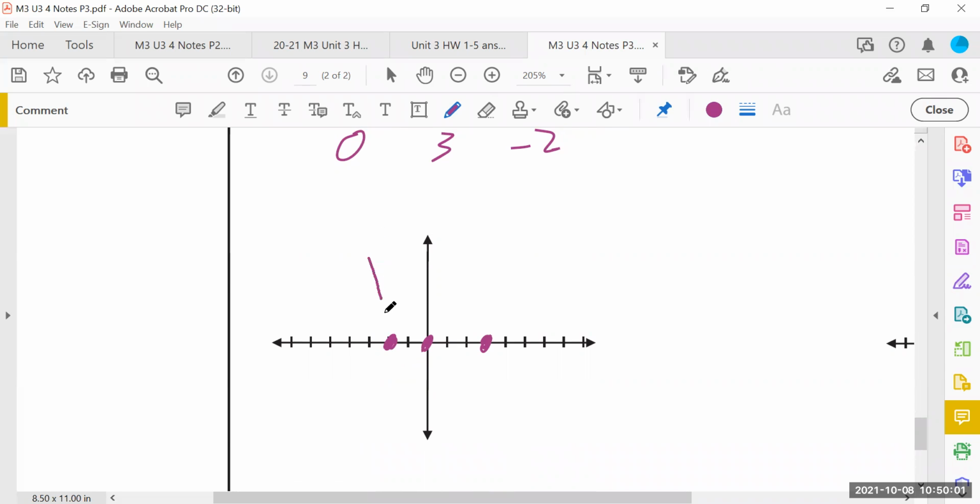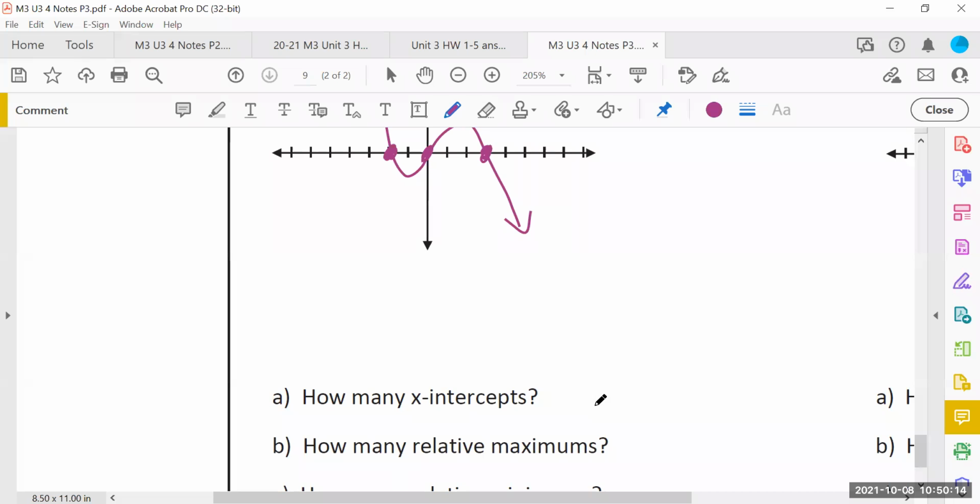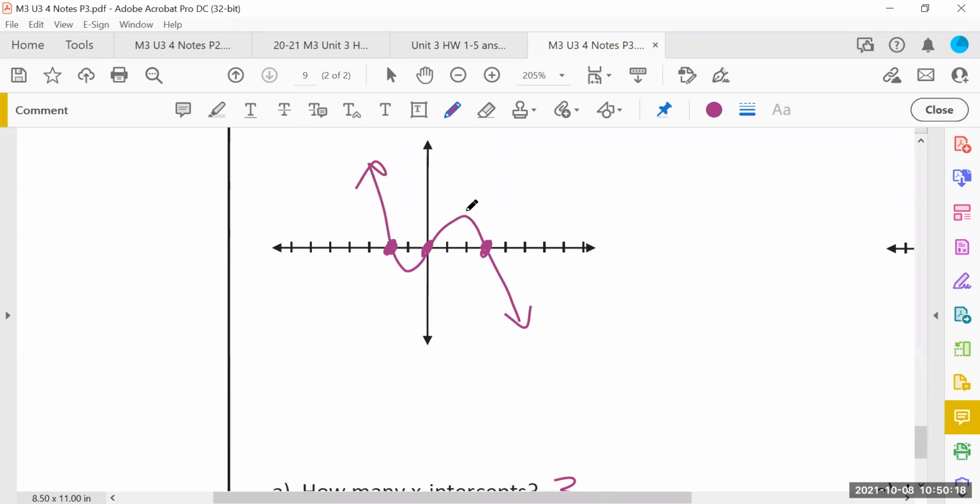I can make that graph. This guy's got one maximum.